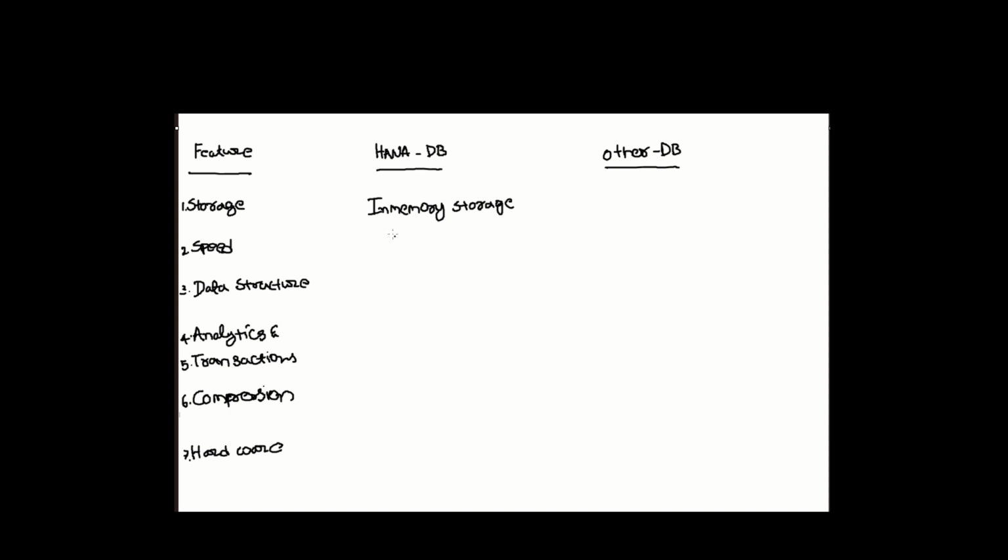In-memory storage means the data is in RAM, so it gives a very quick response when required. Other traditional DBs are disk based, so the data is not stored in RAM but on the hard disk.